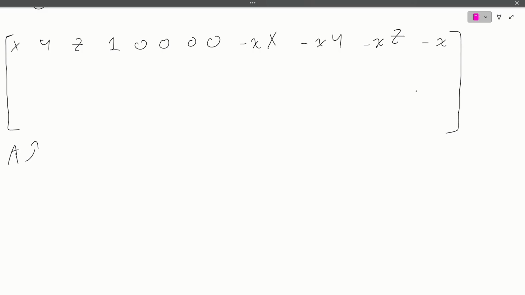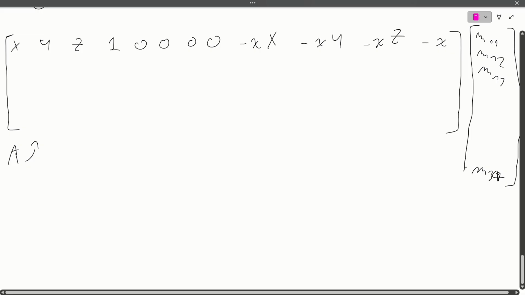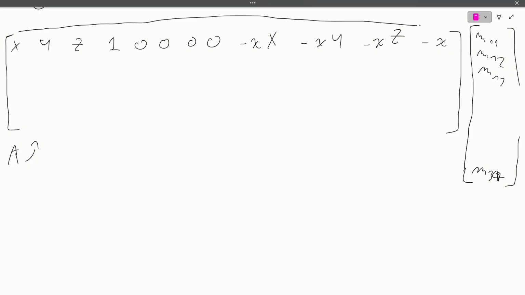All of these are multiplied by this column vector m11, m12, m13, and so on up to m34. So M is 3 by 4, 12 entries, and here we have 12 entries. This is a matrix with 12 columns, and this is a vector with 12 rows.